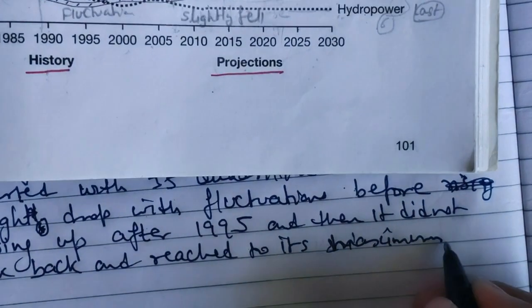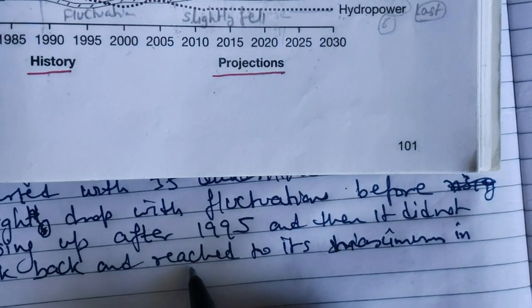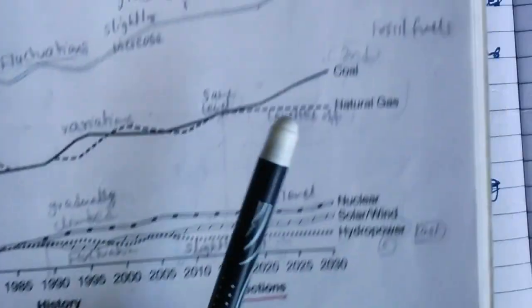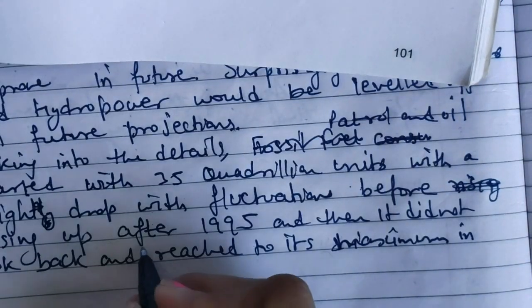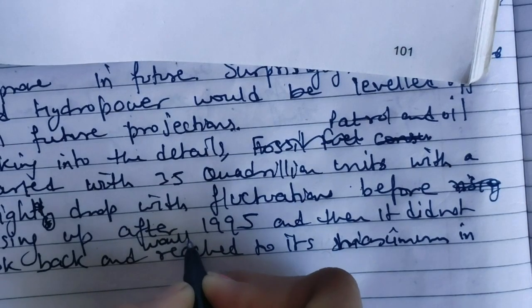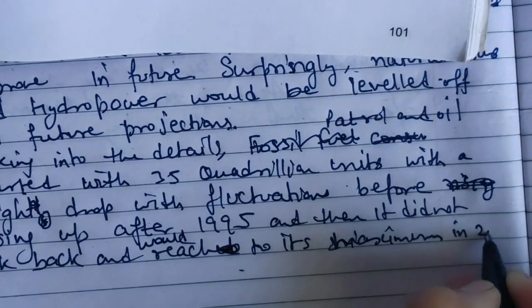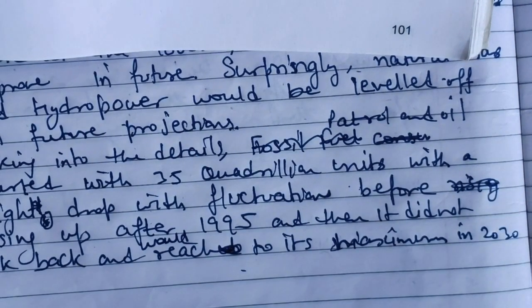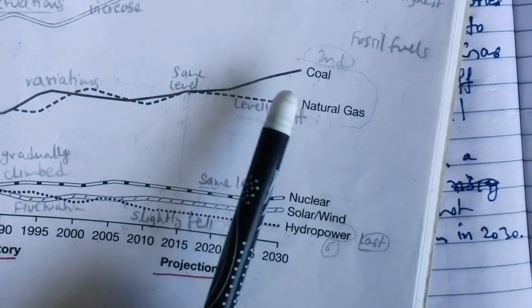Okay, sorry, so not reached, this is a future kind of thing, so I have to write would reach to its maximum in 2000. Okay. So now full stop is there. Now we will talk about these two lines.